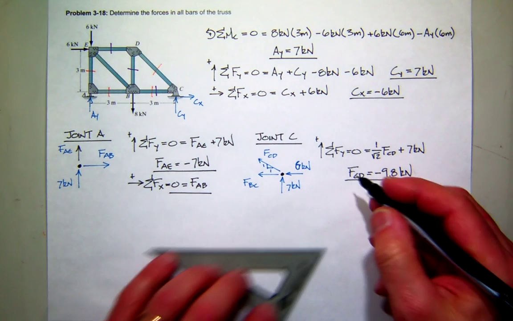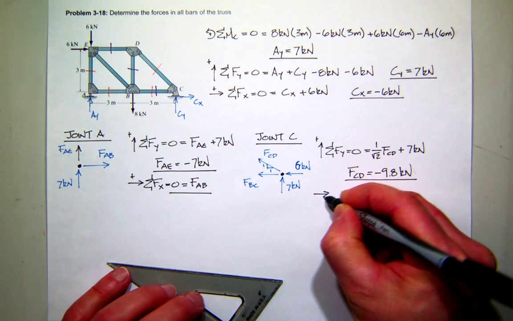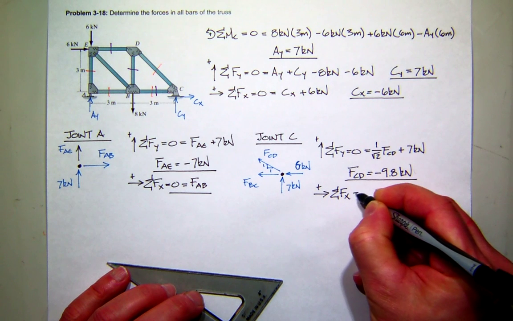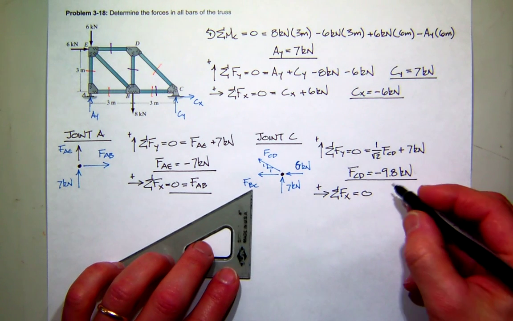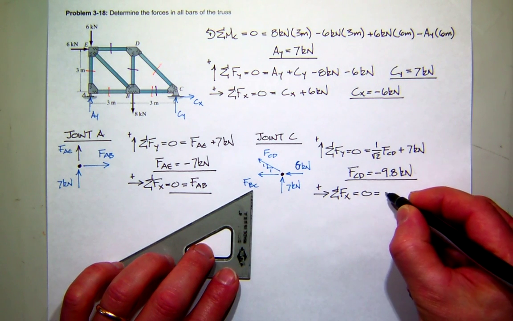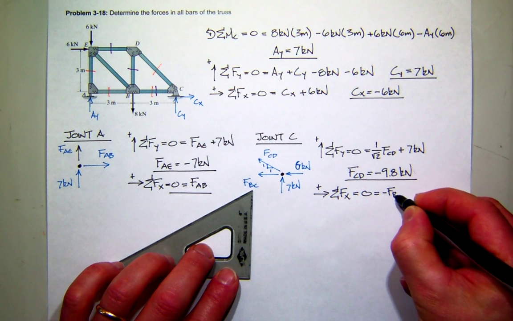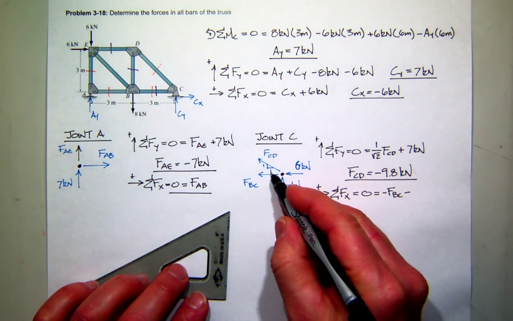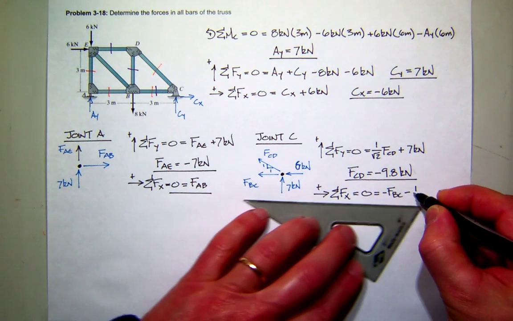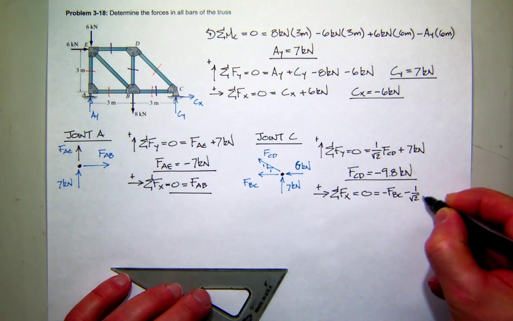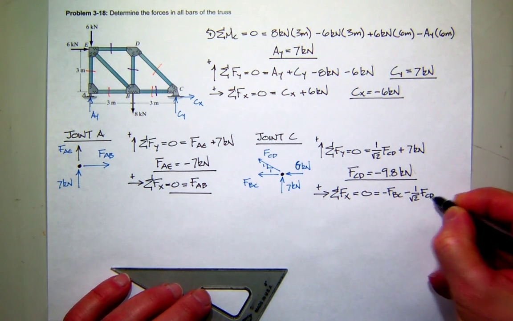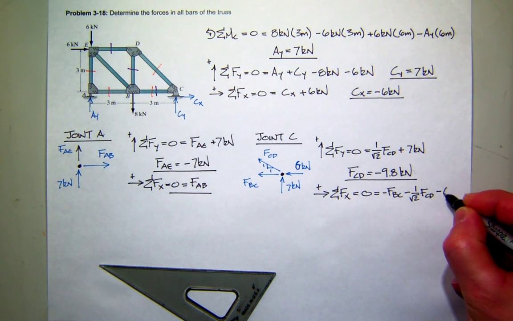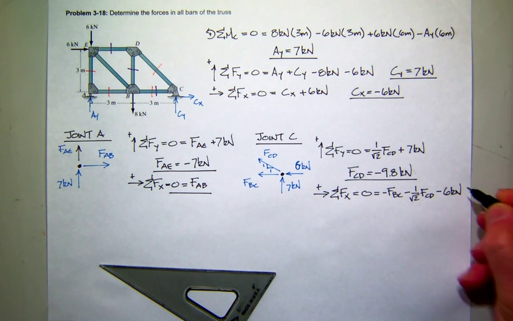So we could finish this by summing forces in the x direction. In this case, we have BC going to the left, so that's negative. And we have CD going to the left, that's negative. And we also want the horizontal component, so again, that's 1 over square root of 2. And then we have this 6 kip force, also, 6 kilonewton force.